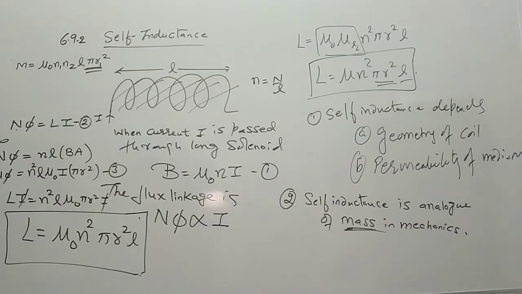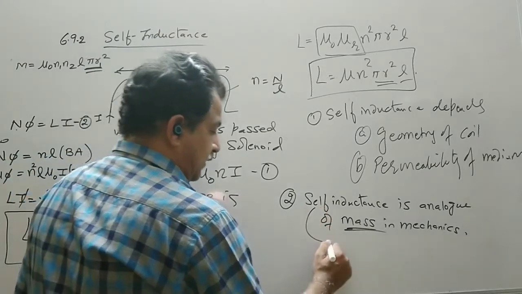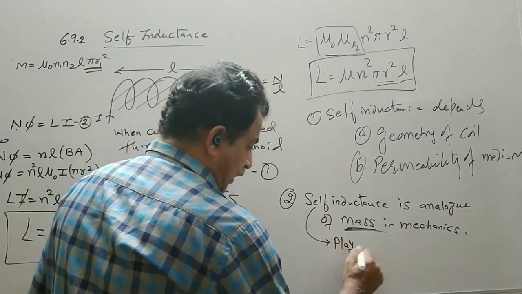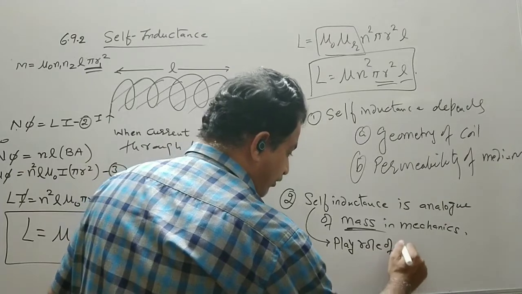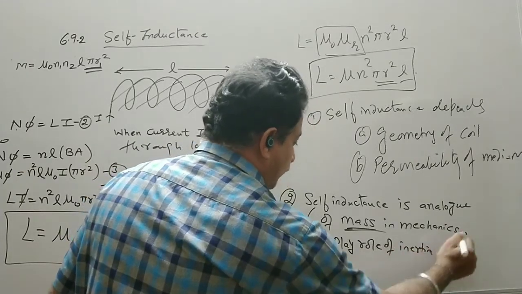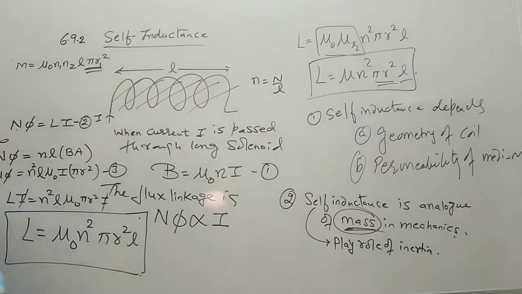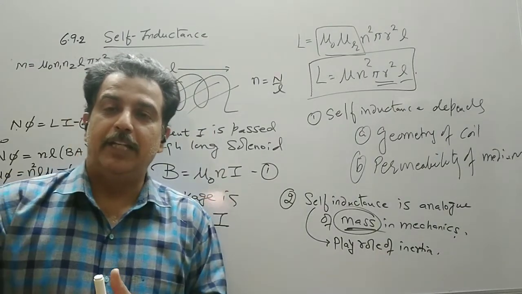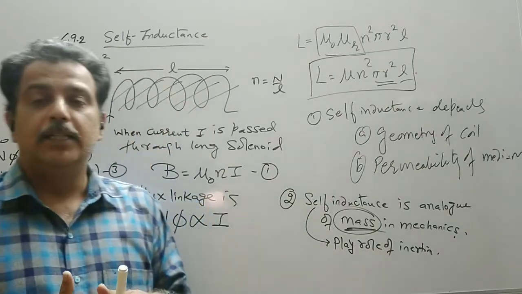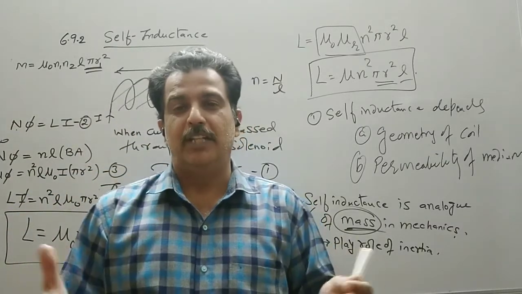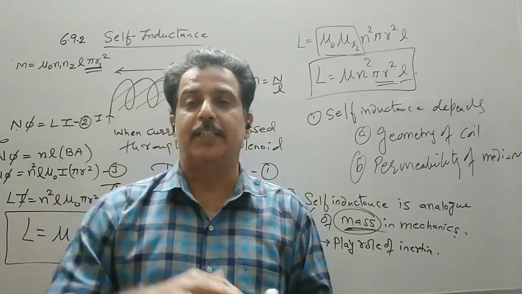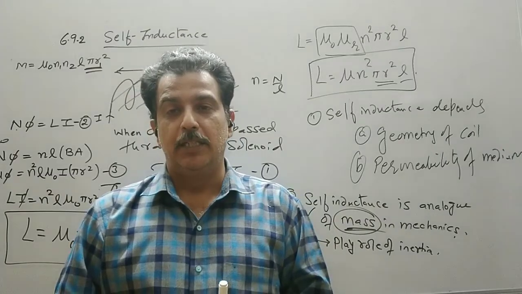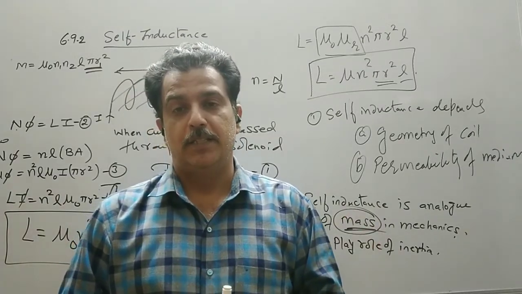It is equivalent to the mass in mechanics. And in mechanics, who plays the role of inertia? Mass. The more the mass, the more the inertia. What is inertia? The inability of a body to change its state by itself. No body will change its state by itself unless and until an external force is applied. The more the mass, the more the inertia.